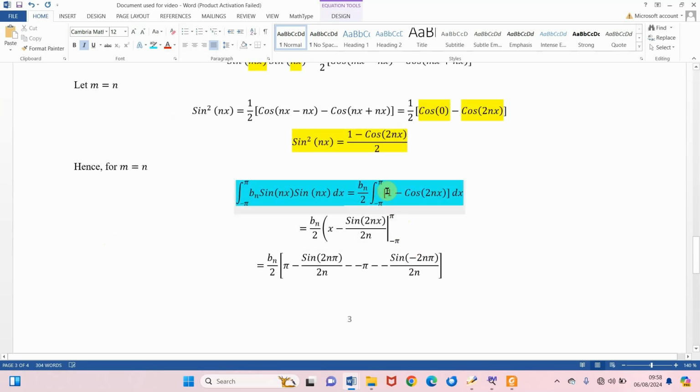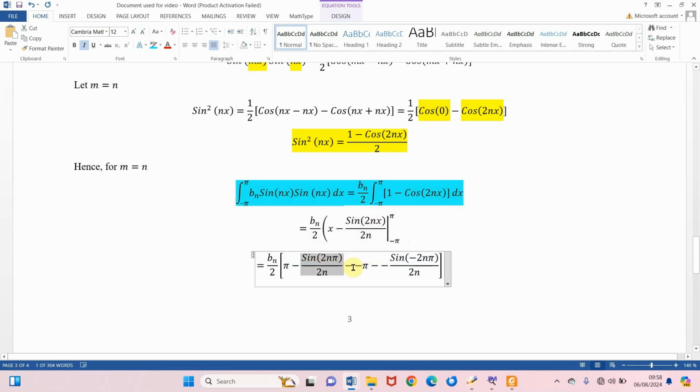If you integrate 1, you have x. If you integrate cos 2nx, you have sine 2nx divided by 2n. So you evaluate the integral, the upper bound and lower bound of the integral. Then you have this expression. Don't forget that x here will be pi, then minus 2nx becomes minus sine 2n pi. So we have this expression here.